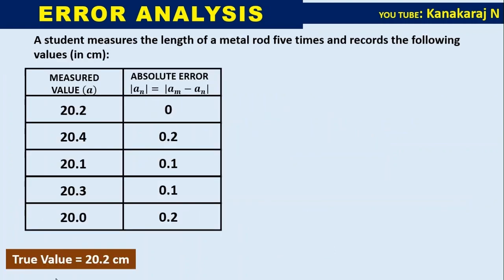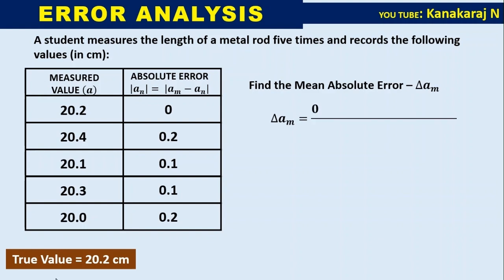Find the mean absolute error for this given problem. So del AM equals, let us add all absolute errors: 0 plus 0.2 plus 0.1 plus 0.1 plus 0.2, whole divided by the number of data, which is 5.